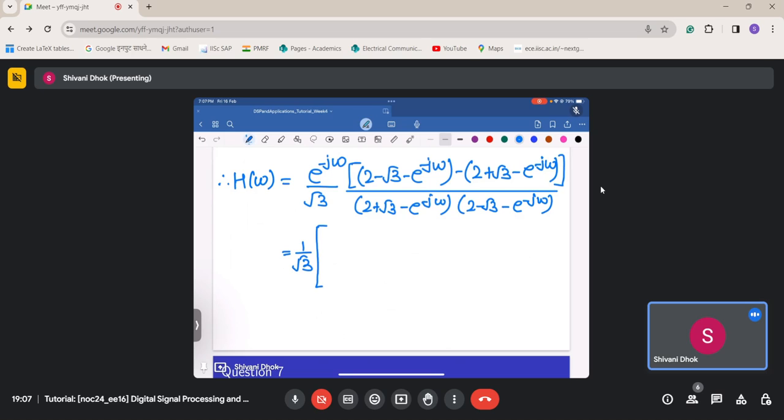This is equal to e power j omega upon (2 plus root 3 minus e power minus j omega) minus e power minus j omega divided by (2 minus root 3 minus e power minus j omega). Okay.